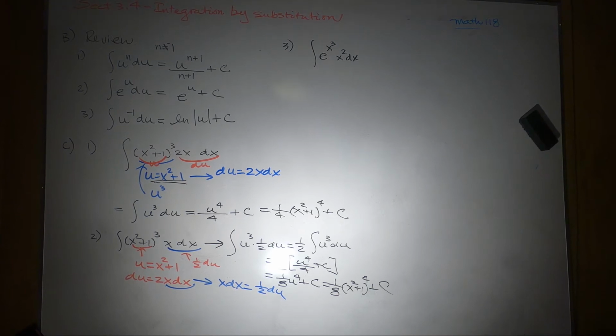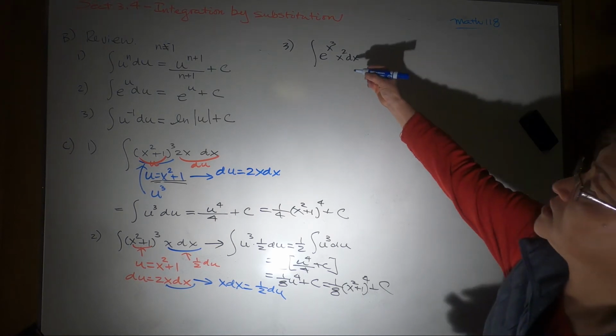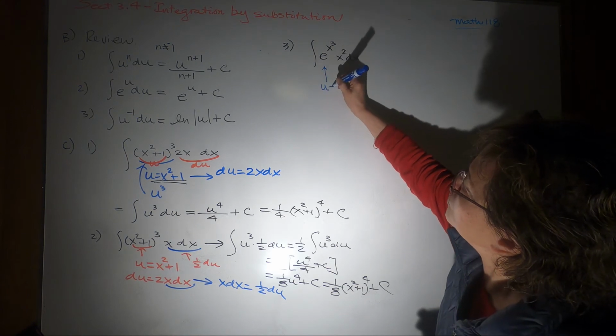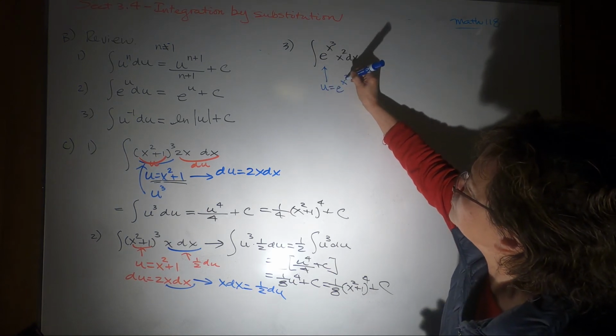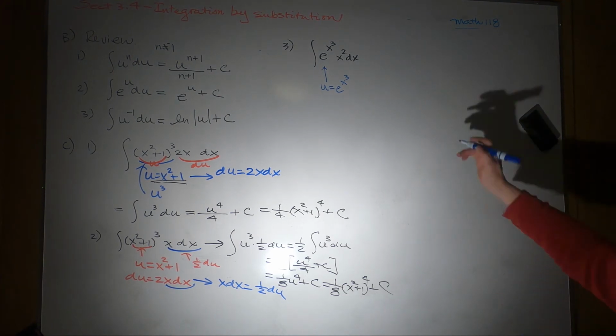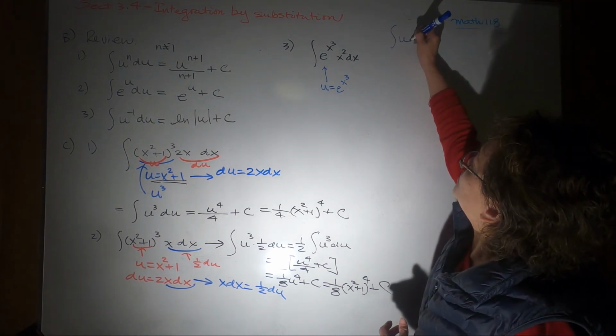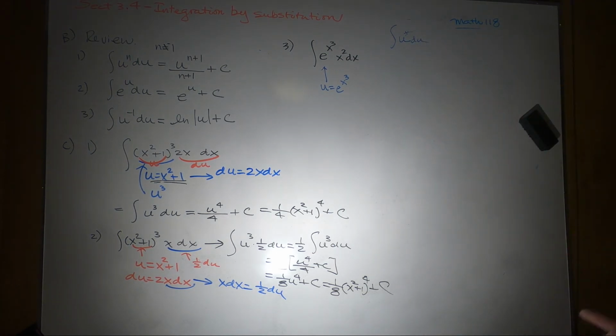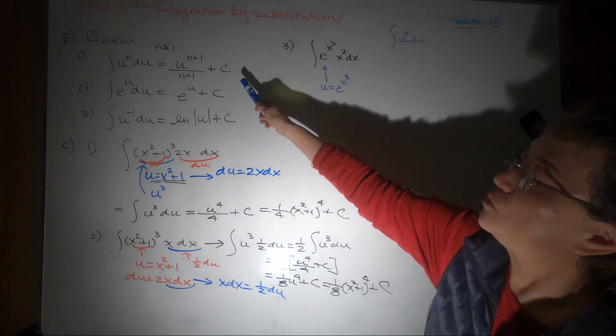Which one looks more complicated? E to the power is more complicated than just x, right? So what we do is we make u equals e to the x cubed, right? Then we want to integrate some kind of u to the power, du. That's the idea. Then we can use the power rule to do that.